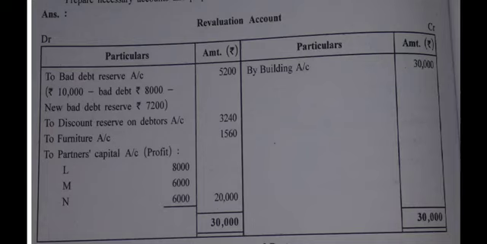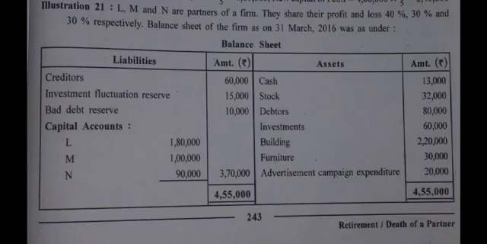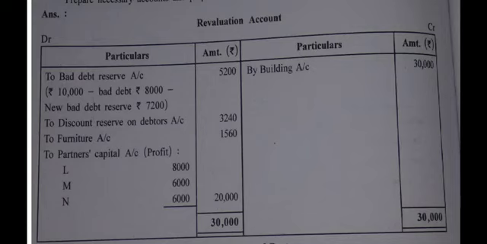Bad debt reserve, they said that you are supposed to keep 10%. 10% is 7,200, of which 2,000 already I have, which is left here. Here it was 10,000. From this I have deducted 8,000. So remaining 2,000. So how much more is needed? 5,200 to make it 7,200. So 5,200 is the second effect for bad debt reserve here.